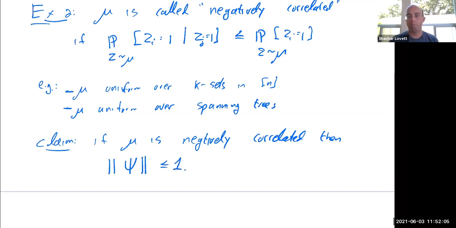But actually, if you know that the distribution is negatively correlated, and also that any restriction of it is negatively correlated, which is usually the case in most examples, then it is 1 spectrally independent. But I'll just prove this claim. What I just said is an immediate corollary: if a distribution is negatively correlated, and this stays the same under every restriction, then it is 1 spectrally independent. So let's just prove this claim. You'll see why spectral norm comes up naturally here.